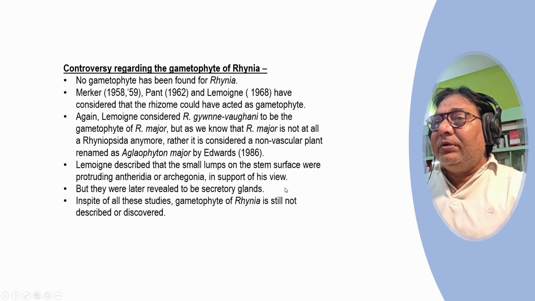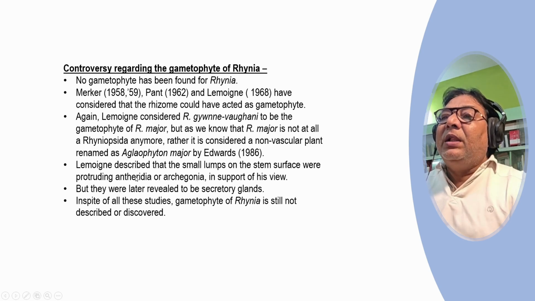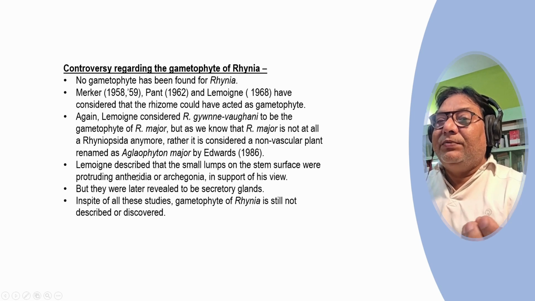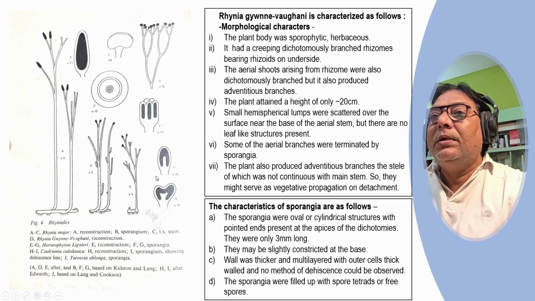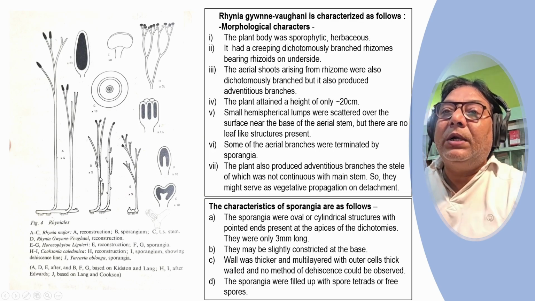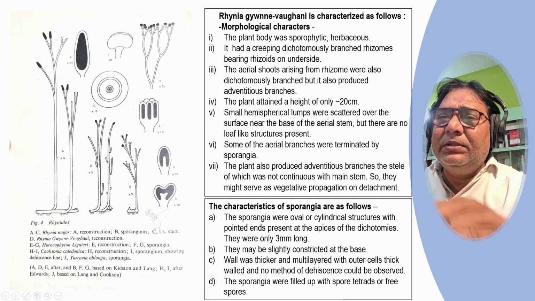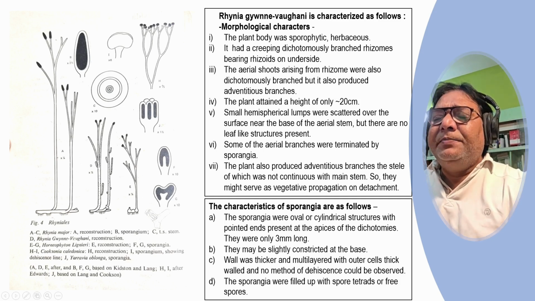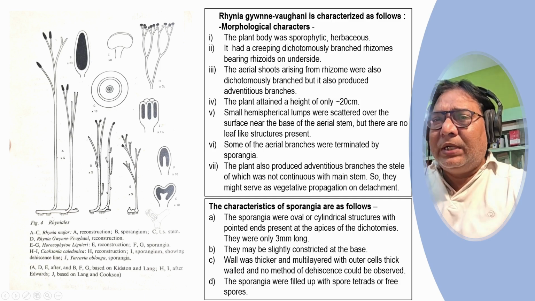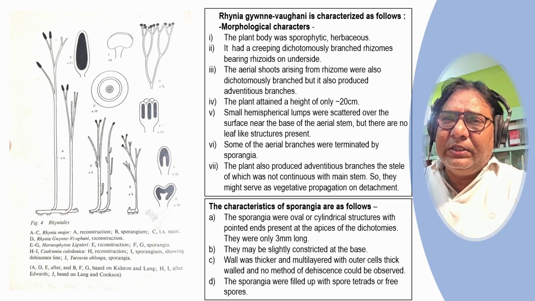In support of his view, Lemoigne said that the hemispherical lumps that were visible on the basal area, these dots on the stems, these were hemispherical lump-like structures, a little bit risen over the stem, and he thought that those may be archegonia or antheridia.